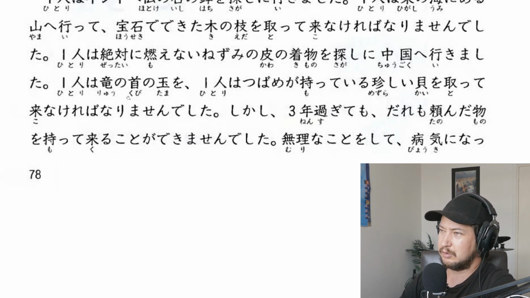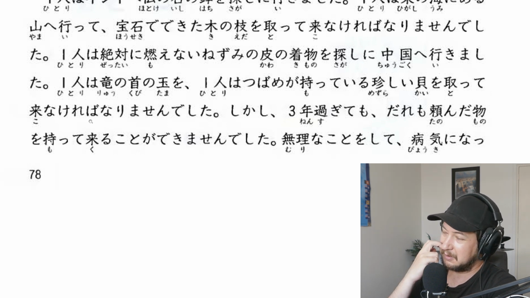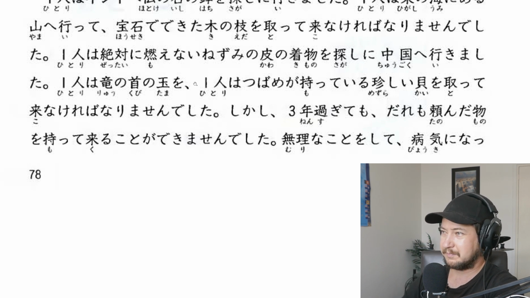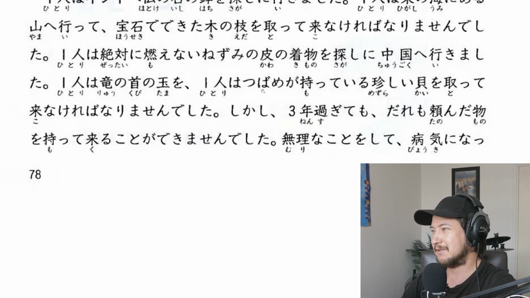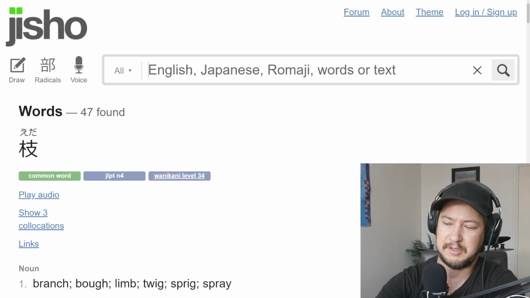一人は竜の首の玉を、一人はツバメが持っている珍しい貝を取ってこなければなりませんでした. Okay, so one more guy, what did he do? He was looking for 竜の首の玉, some kind of a dragon neck pearl or marble. And another one, 一人は, so one more guy, ツバメ. Tsubame is like nails or something?